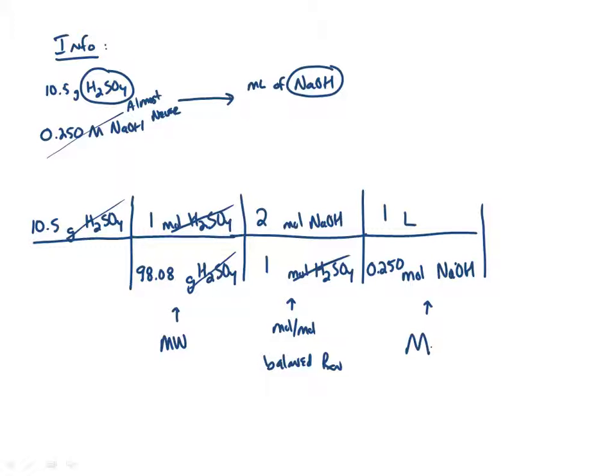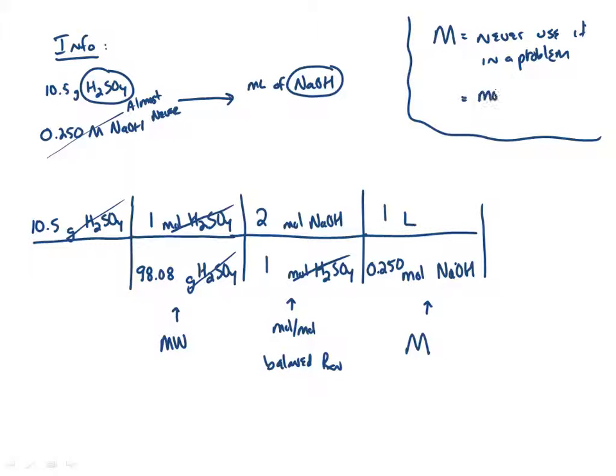And also remember, we talk about molarity, but we never use it in a problem. It's not because it's a conversion factor, but because molarity really stands for moles per liter, meaning there's two parts to it. Never type capital M in a problem.